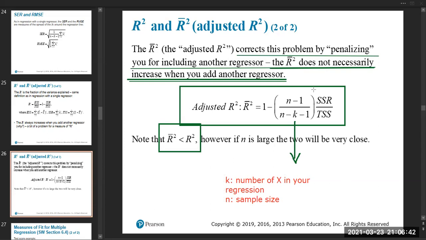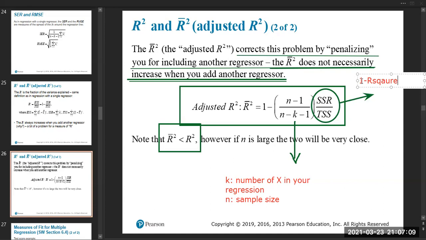How about this part? SSR divided by TSS. This is actually 1 minus R square, because SSR is the part that your model does not explain, right?